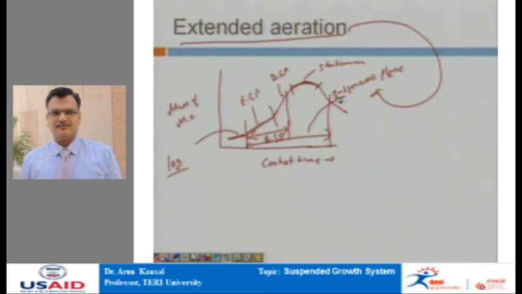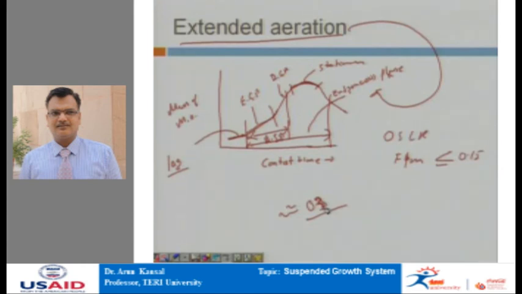That is why I am repeating that the extended aeration process operates in the endogenous phase of the growth curve, which necessitates a relatively long aeration time and low organic loading. That is, the organic sludge loading rate or F/M ratio here is less than or equal to 0.15, as against approximately 0.3 in a conventional activated sludge process, which we have discussed in the last lecture.